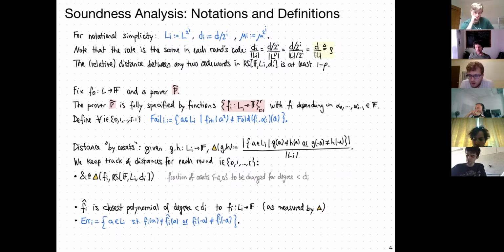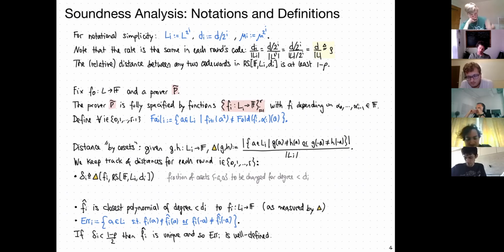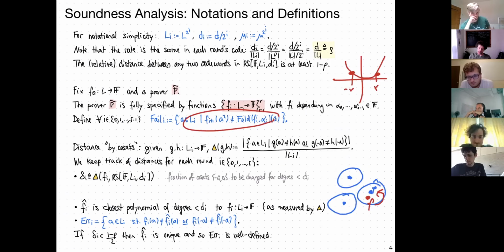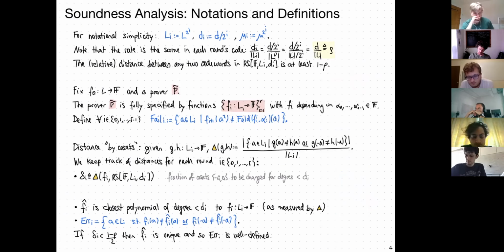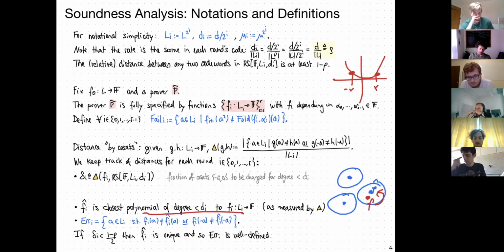Okay. And the last important definition that we'll have is that of the error set. The error set is pretty much like the fail that we had before. The fail refers to when the protocol will fail, and the error set, on the other hand, tells us in what places we have noise.